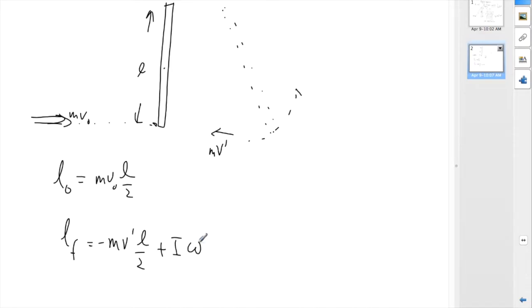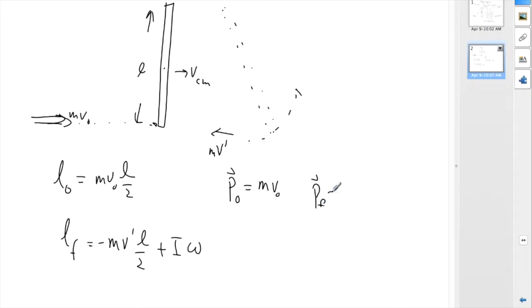But since this thing is not pinned, it's also going to have a V center of mass. So I also need to do linear momentum. So P0 is M V0.